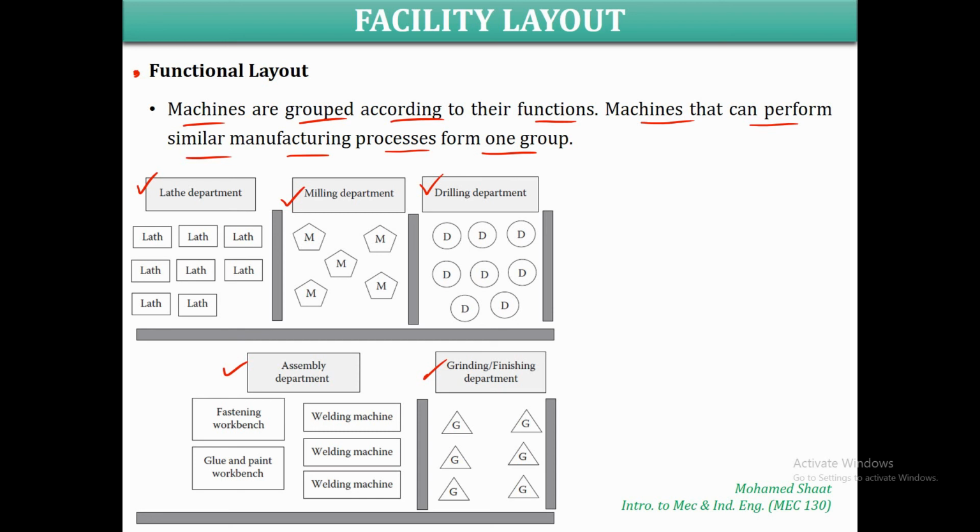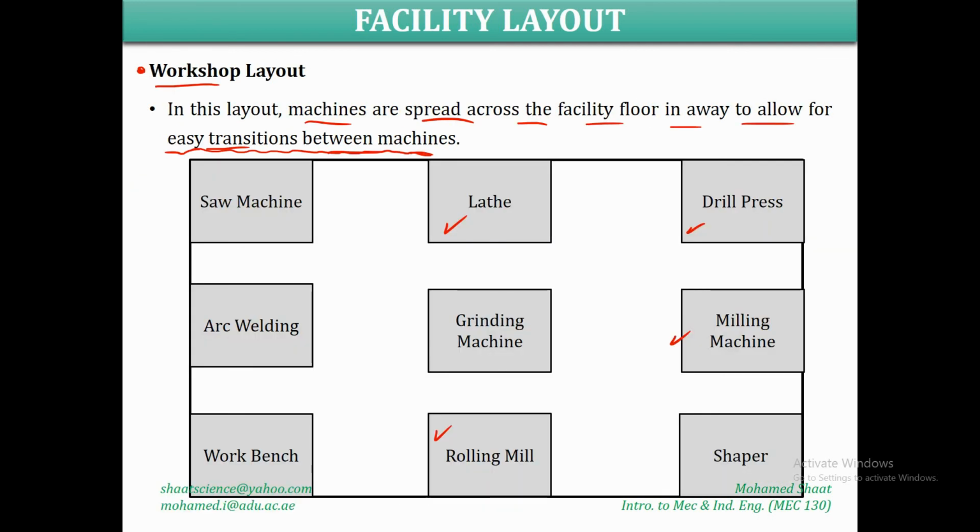The drilling department, the milling department, the lathe, the assembly department, and the grinding or finishing department. Make sense? This is another layout that depends on the function of these machines, while in the workshop layout we do the arrangement based on the easy transition between the machines.